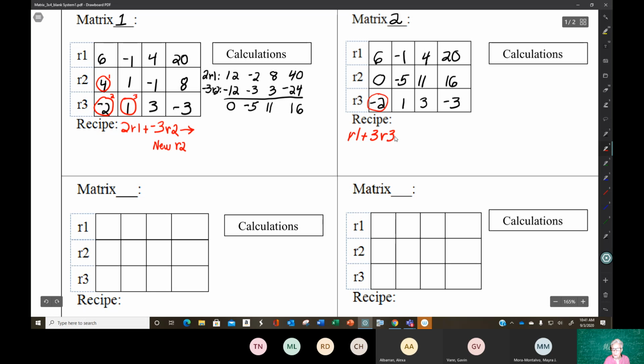Now 3 times row 3 will give me a negative 6 here, so that when I add 6 plus negative 6, I get a 0. That's what I need.